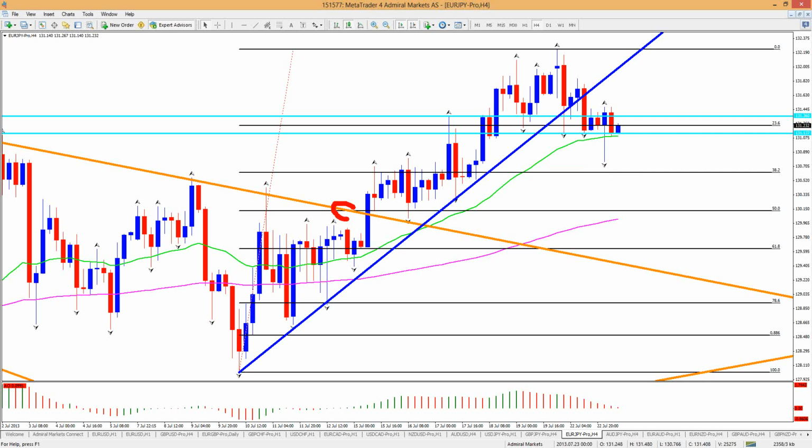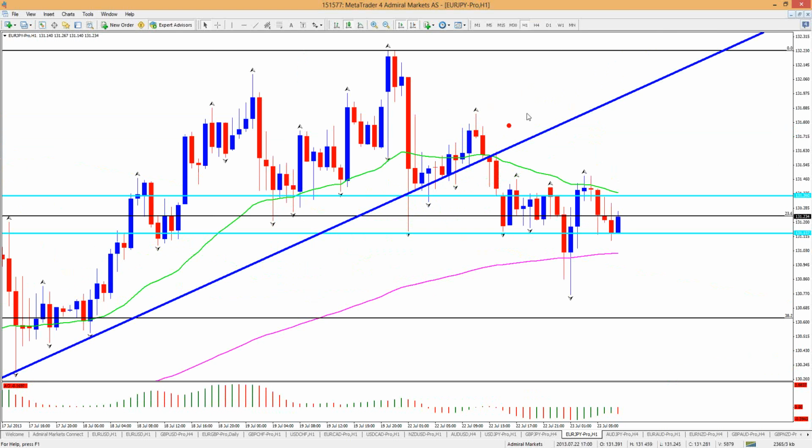We broke out of, as you see, this orange line, and we're now making a bull flag after bouncing off the 382, as I said. So any move up here could be a good continuation. One way of measuring that is if we break, for example, above this trend line. That would be a good indication that the euro yen did find a lower high here after bottoming out here.